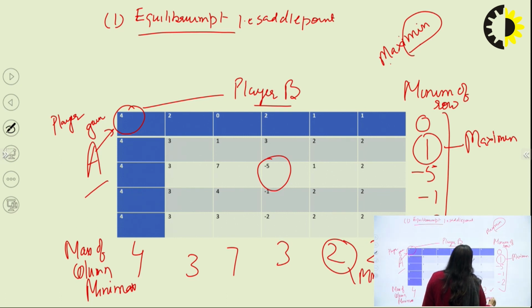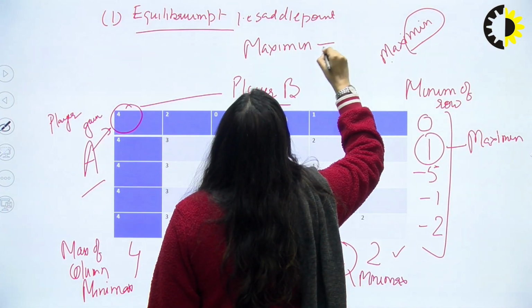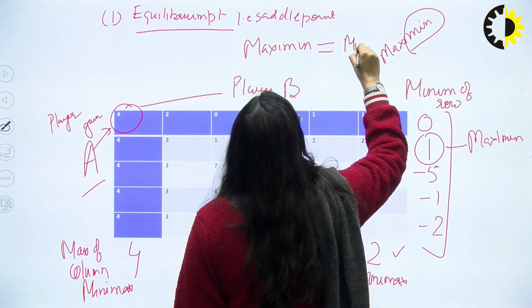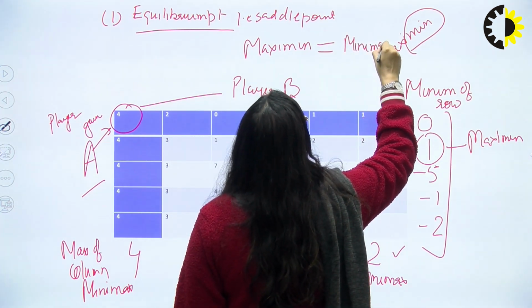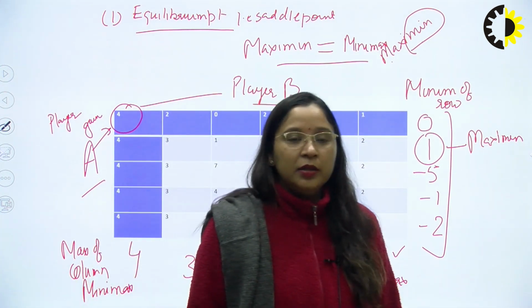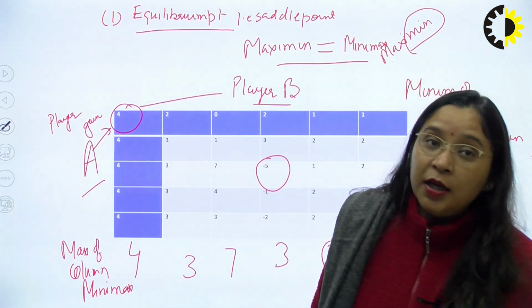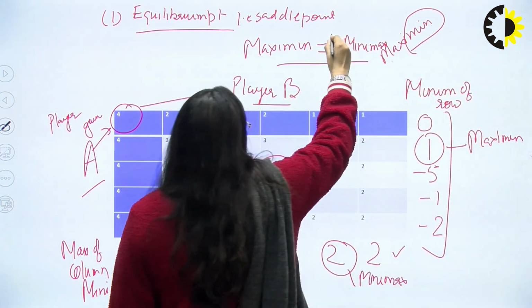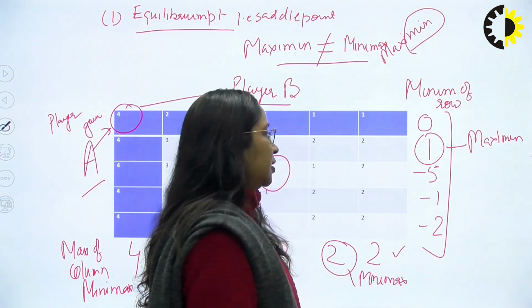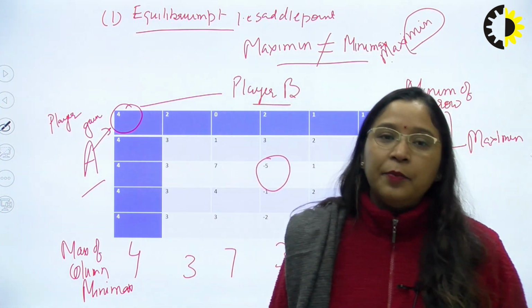This is known as minimax. If the value of the maximin point is equal to the minimax point, we can say that equilibrium has been achieved and we cannot improve the solution to this game. But if they are not equal, like in this case, where both of the numbers are not equal, what will happen?